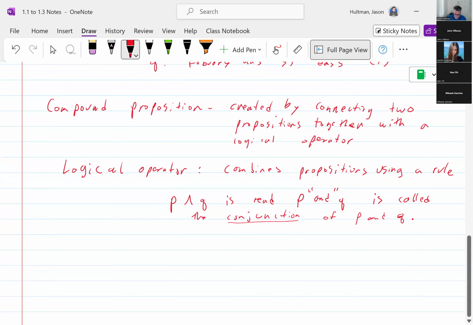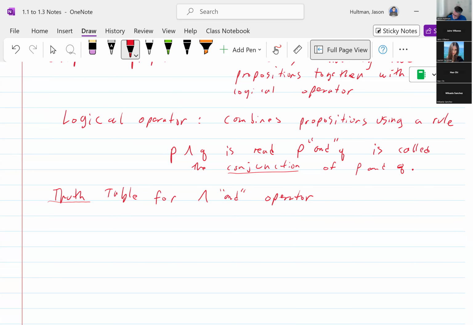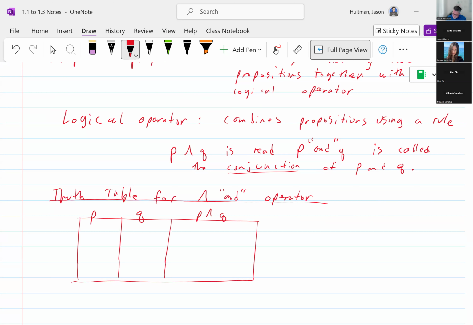Okay, so we want something that's called the truth table for P and Q. So let's do a truth table for the AND operator. Okay. So P, Q, and then P and Q. Okay, so P and Q is like a combination of the two.